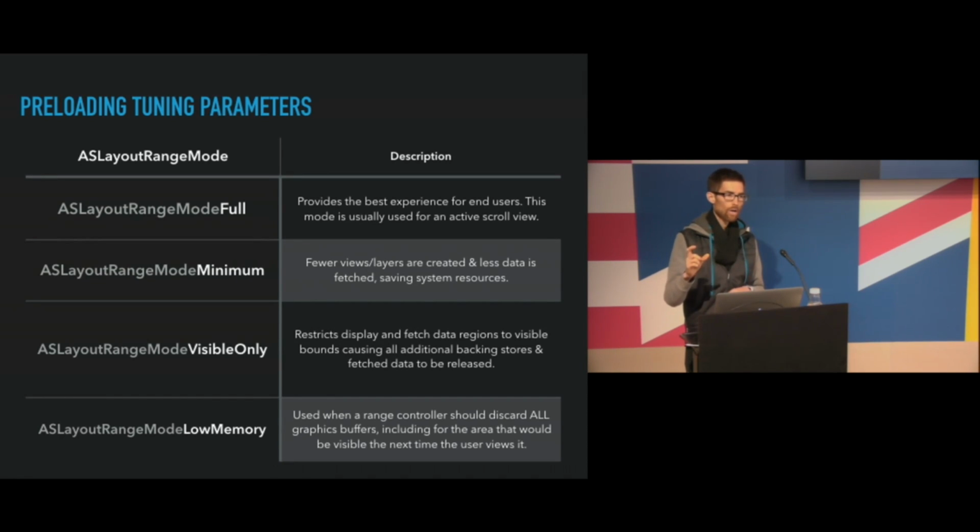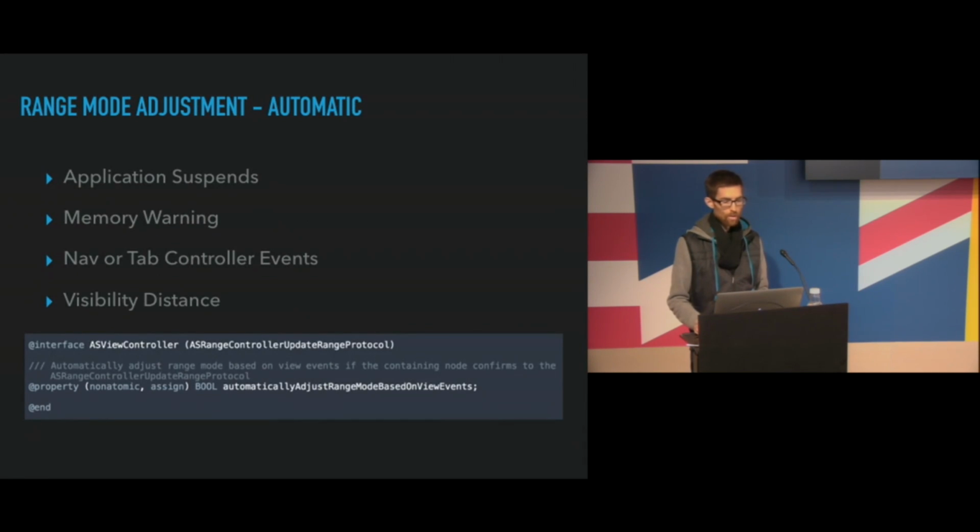In all the other areas, including fetch data, the nodes don't have data and are not rendered. Another one is low memory. ASDK will automatically remove the data and the content of the node if your app gets a low memory warning. This is handled automatically by ASDK.